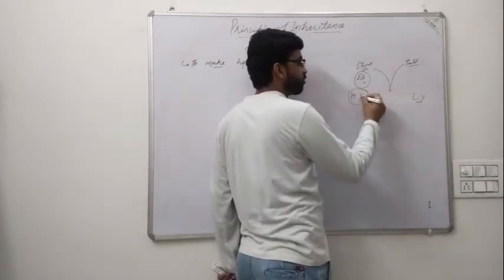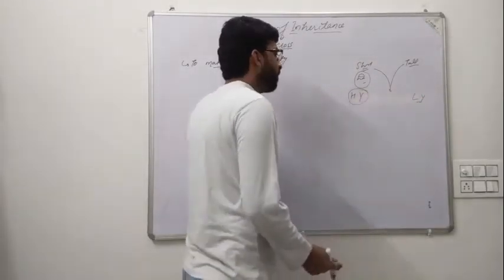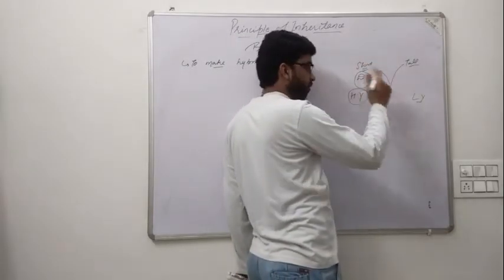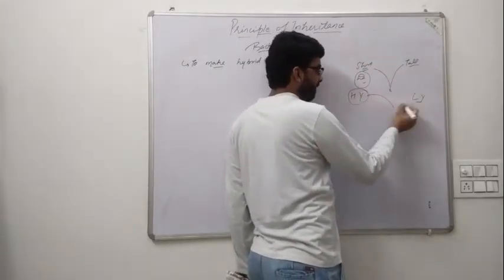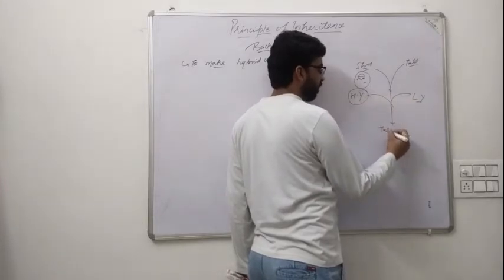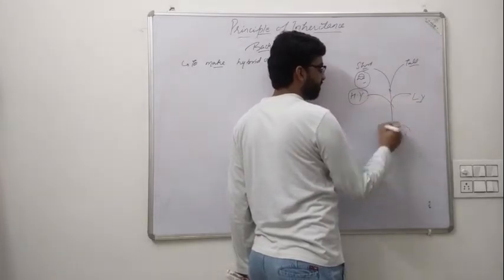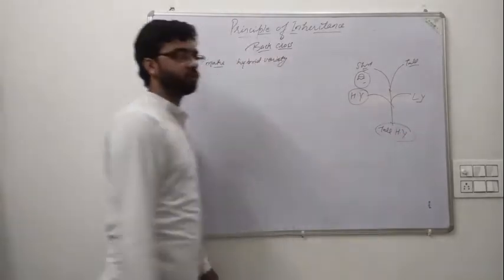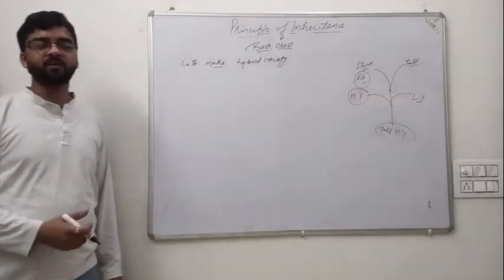High yielding capacity is dominant over low yielding capacity, and tall is dominant over short or dwarf. Then these characters transfer, and the new generation is tall with high yielding capacity. So this type of cross is used to make a hybrid variety.